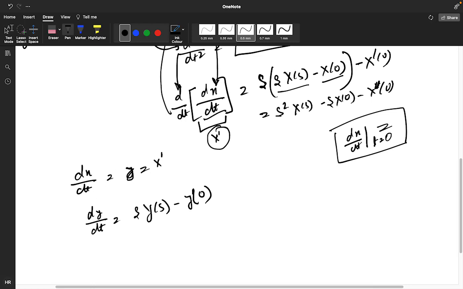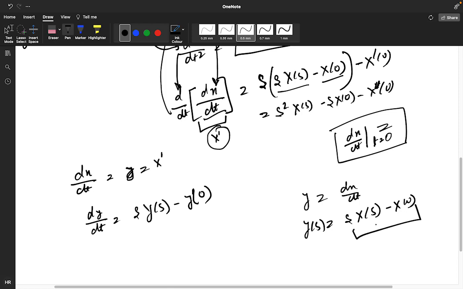And what is the Laplace transform of y of s, where y is dx by dt? It is s x of s minus x of 0.